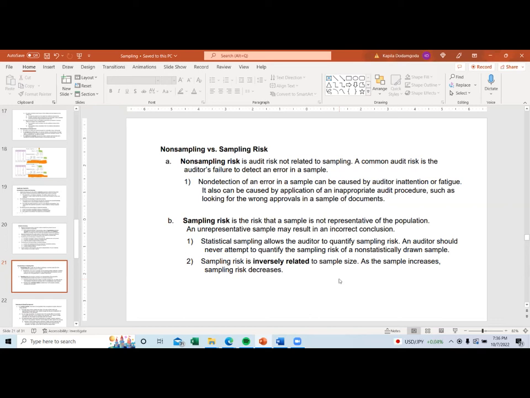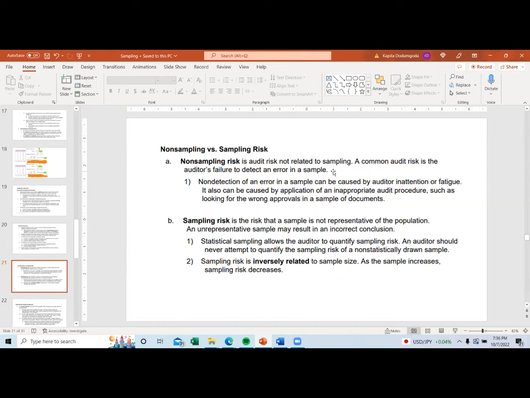Okay, good. Non-sampling risk is something else, right? You may pick the sample in the correct method, but you coming to a wrong judgment is not because you took the wrong sample, but it may be some other failure of the audit process.